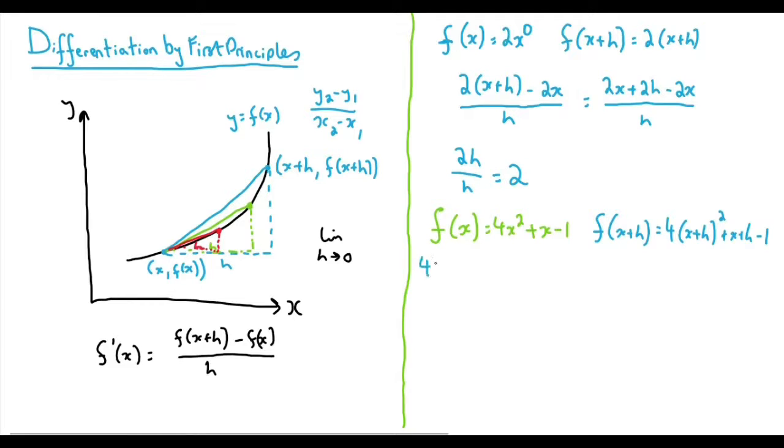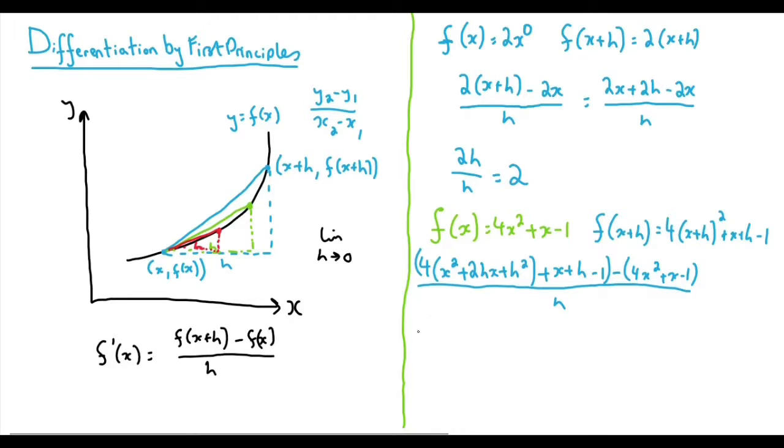So you would have 4 lots of x squared plus 2hx plus h squared. And obviously that's going to be plus x plus h minus 1. And then minus all of the original 4x squared plus x minus 1. This being all over h.